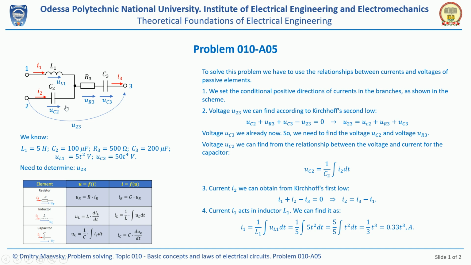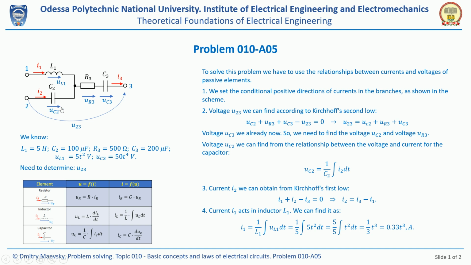Let me look at this mesh. This mesh consists of voltage UC2, voltage UR3, voltage UC3, and of course voltage U23. We can write the Kirchhoff's second law equation going around this mesh clockwise. Firstly we meet voltage UC2.